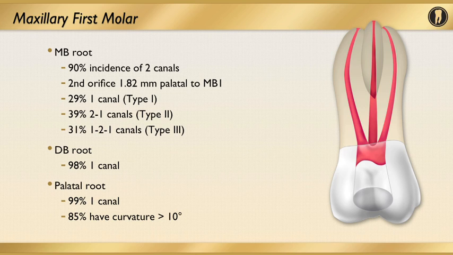But a point must also be made that 85% of the time in the palatal root, there's a curvature greater than 10%. This curvature occurs more apically, therefore creating stress on the eventual instrumentation process, which could lead to instrumentation errors. So understanding these nuances of anatomical variations is important not only in the instrumentation phase, but in our initial access into the canal space.